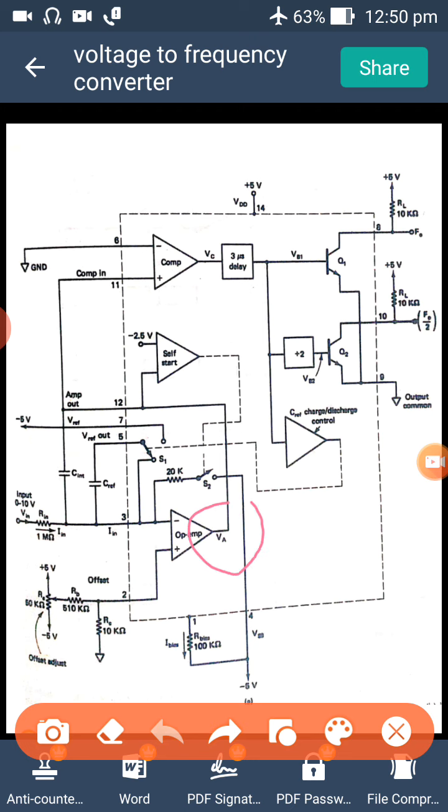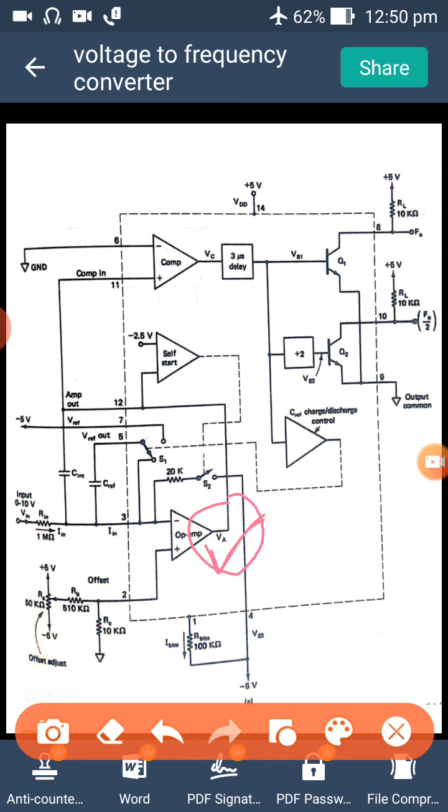here we will be having the operational amplifier, right? This is the integrator. This C int is connected to the integrator operational amplifier. This operational amplifier will be having the output as VA, right? Now the whole operation of the circuit will depend upon this VA.